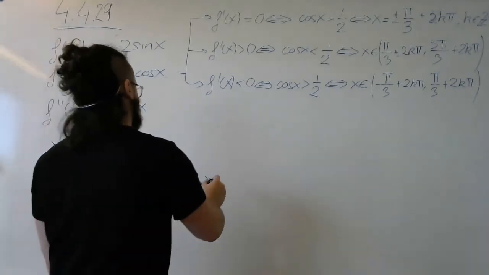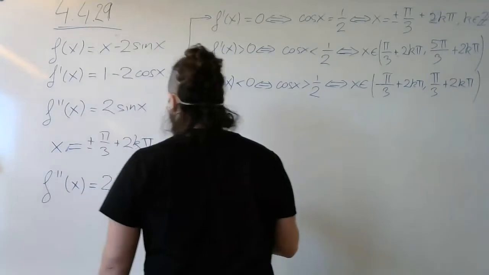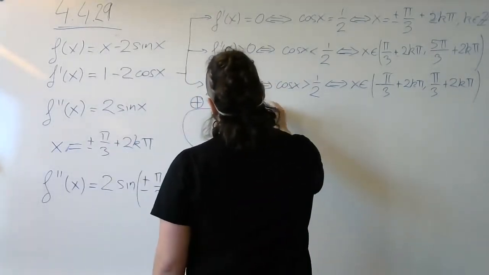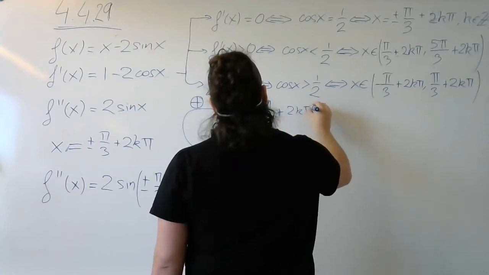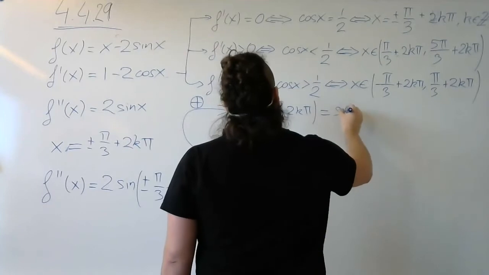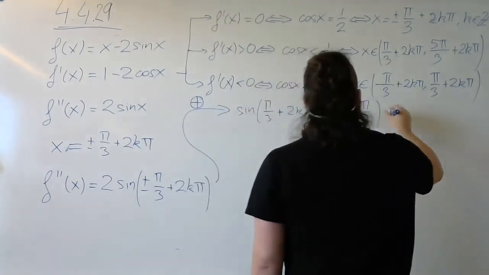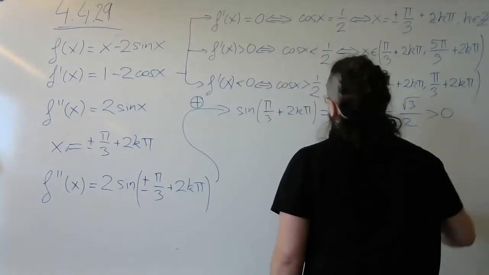So, first of all, the sine of pi thirds plus 2k pi is exactly equal to the sine of pi thirds, and that is a square root of 3 over 2, which is greater than 0.